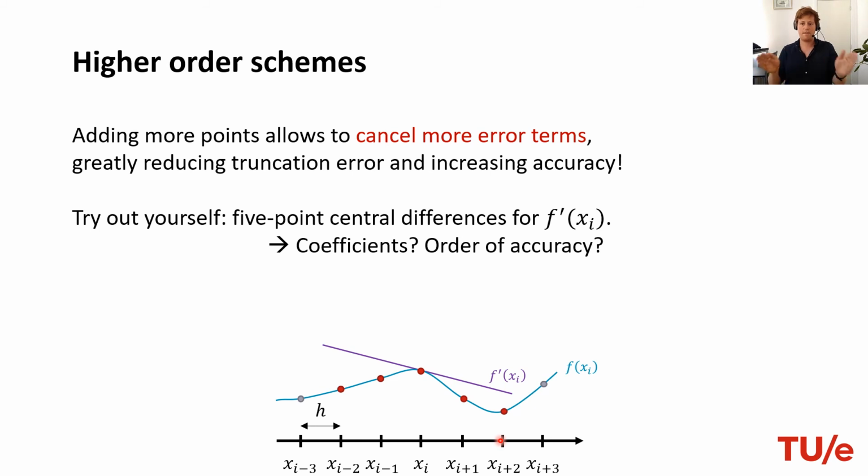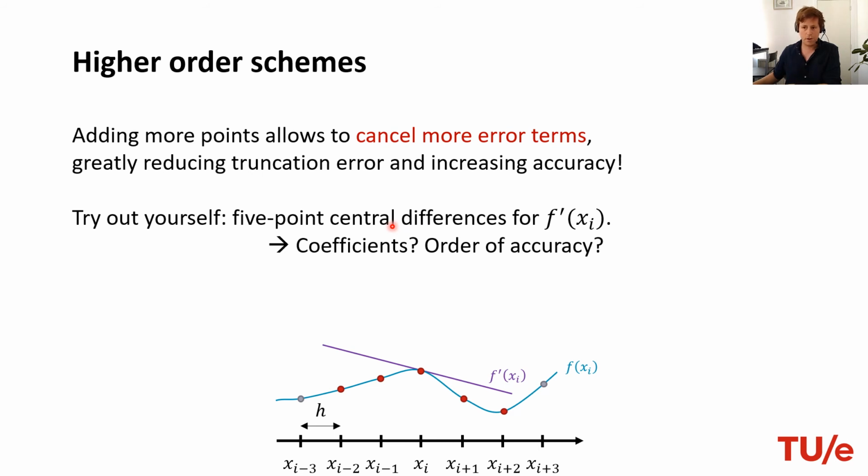So 5 points centrally around xi. You need to identify 5 coefficients, the one corresponding to this point, the one corresponding to this point, etc. Those will be 5 coefficients that you're able to determine, and you should try to find the truncation error and the order of accuracy.